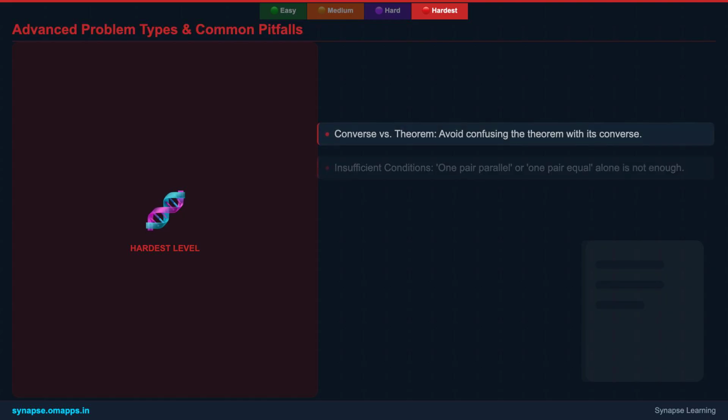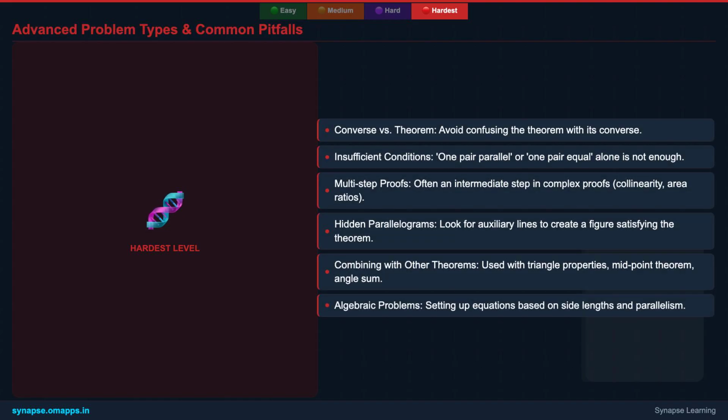At the hardest level, it's crucial to understand advanced problem types and common pitfalls. A common error is confusing the theorem with its converse or assuming insufficient conditions, like just parallelism or just equality. Many competitive exam problems require this theorem as an intermediate step within a larger proof, demanding you identify hidden parallelograms by constructing auxiliary lines.